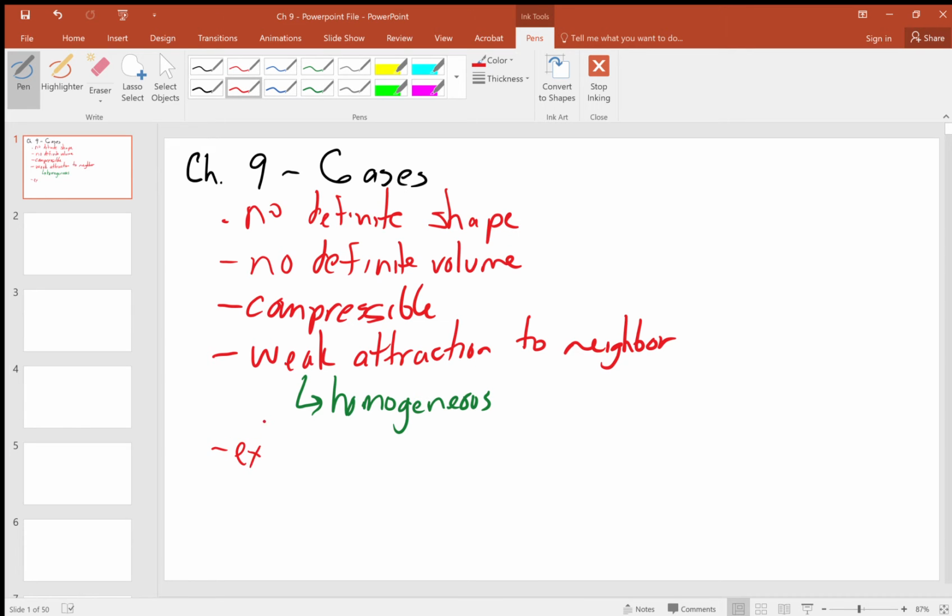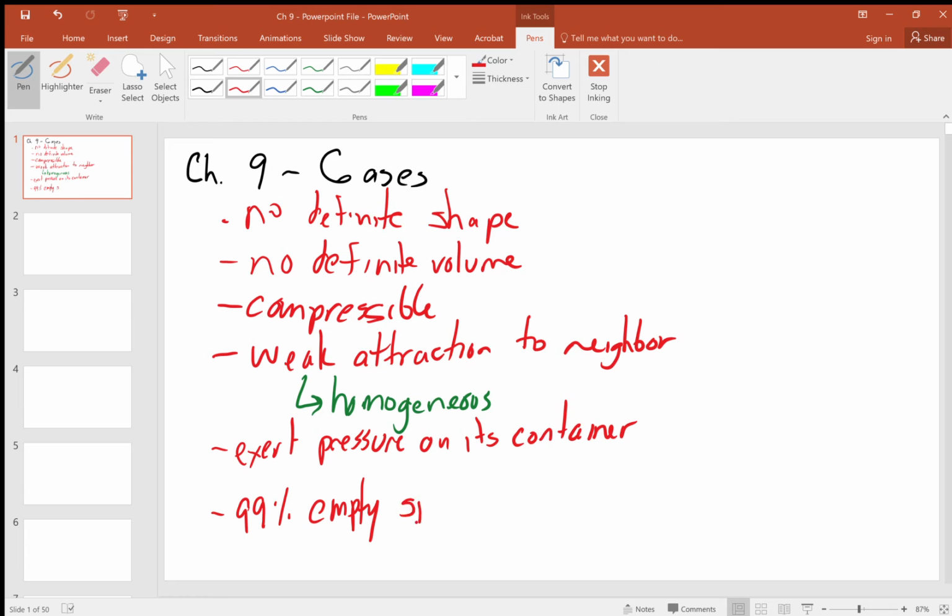A gas will exert pressure on its container. And finally, over 99% of a gas is actually empty space. So there's a lot of space in between the atoms or molecules.